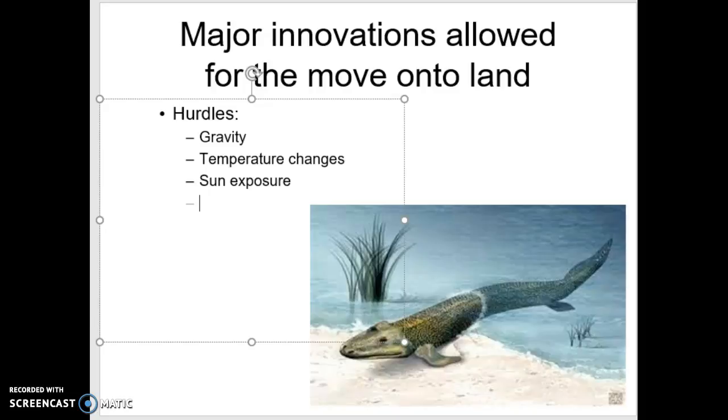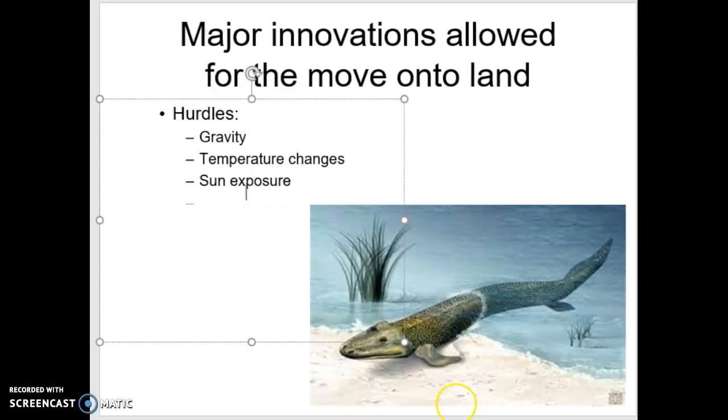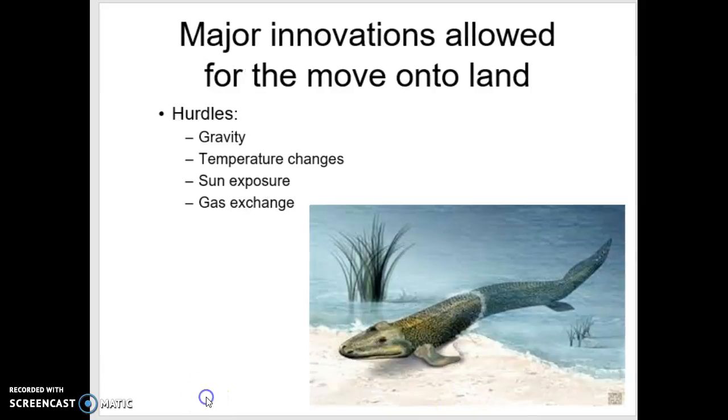So think about the biotechnology unit when we talked about that. Sunlight, ultraviolet light, can cause mutations. So land-based organisms had to deal with that or are exposed to greater sun exposure. Gas exchange, drawing in oxygen versus carbon dioxide, all of this changes when you're out on land.